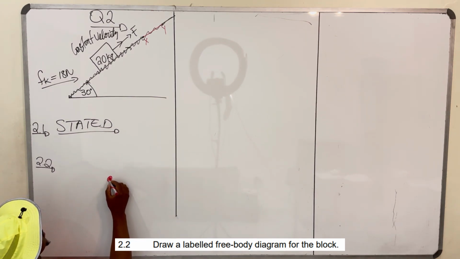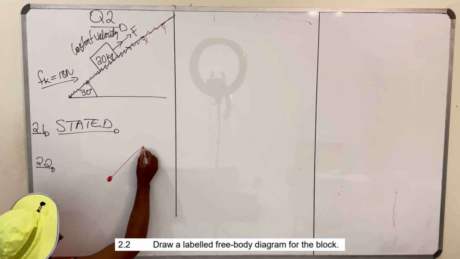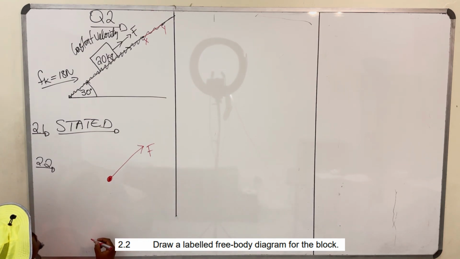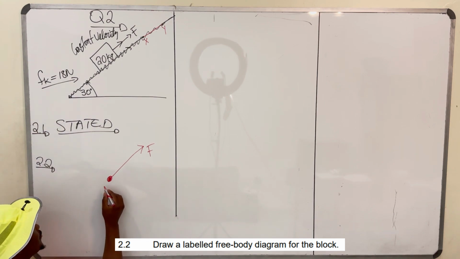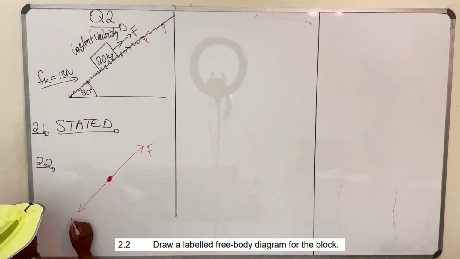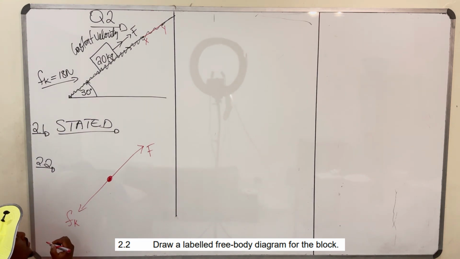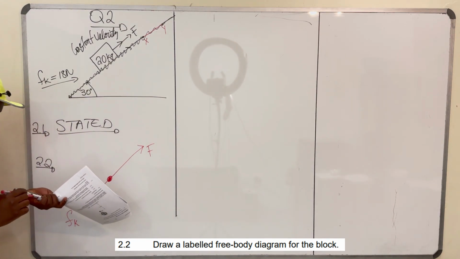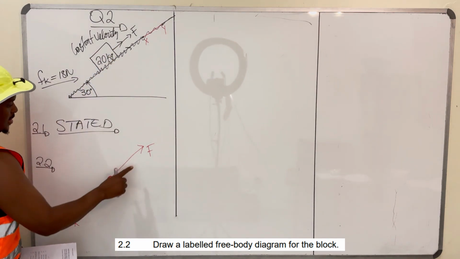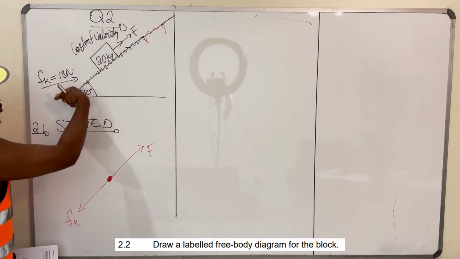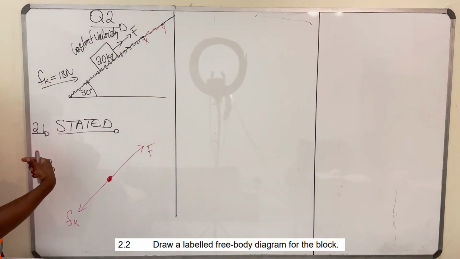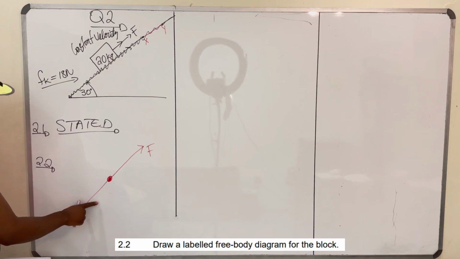We have a force applied, which is up the slope, which is F. You are told that you have a kinetic frictional force. It's down the slope, Fk, because the force applied is up the slope and the kinetic frictional force opposes the motion. Right? So here it is.